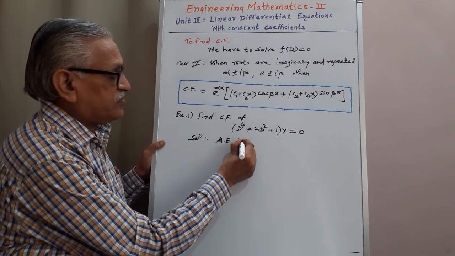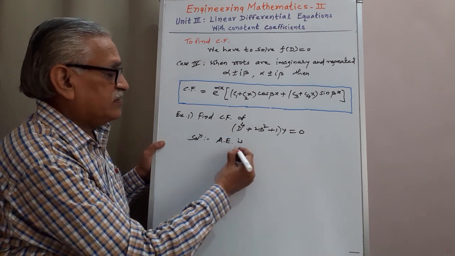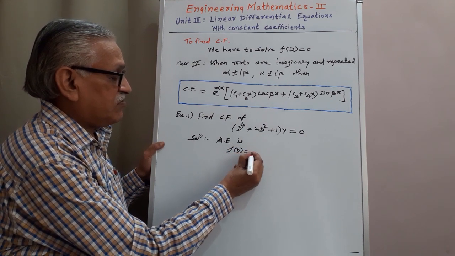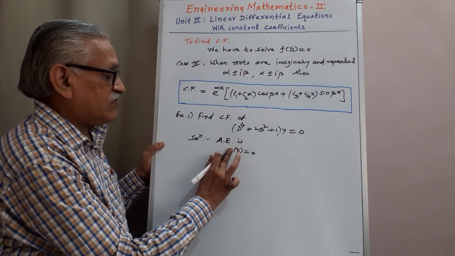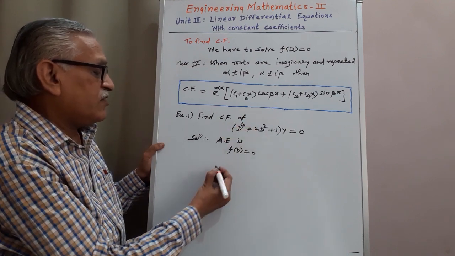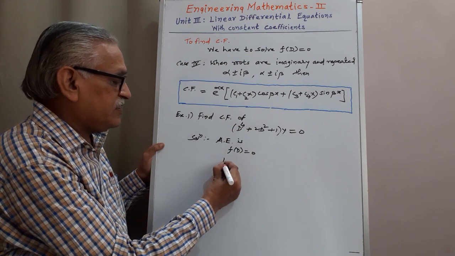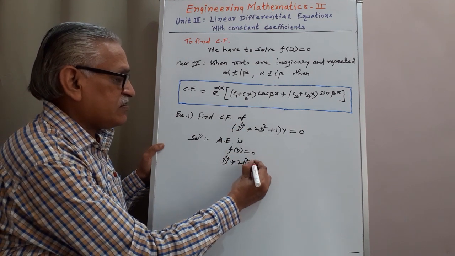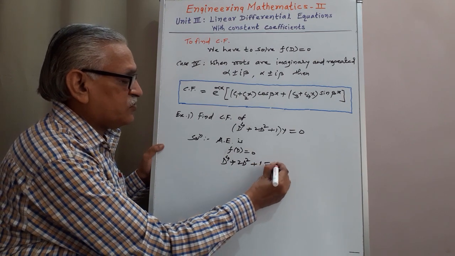The auxiliary equation is f of D equals 0. Here that polynomial in terms of D is D raised to 4 plus 2D square plus 1 equals 0.